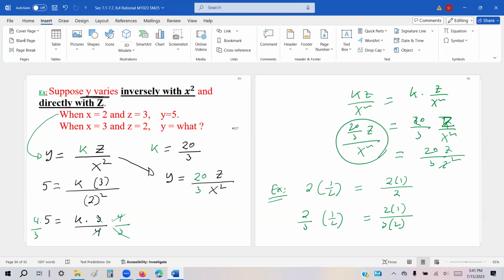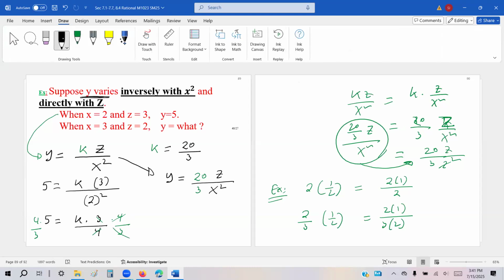It looks complex, but the same thing may look cuter if you write it this way. They're the same, right? So anytime your k is a fraction and you already have a fraction to deal with, don't write a fraction of a fraction. It's complex. Put the numerator on the top and the denominator on the bottom. So it becomes much easier looking. And trust me, it makes your life much easier.